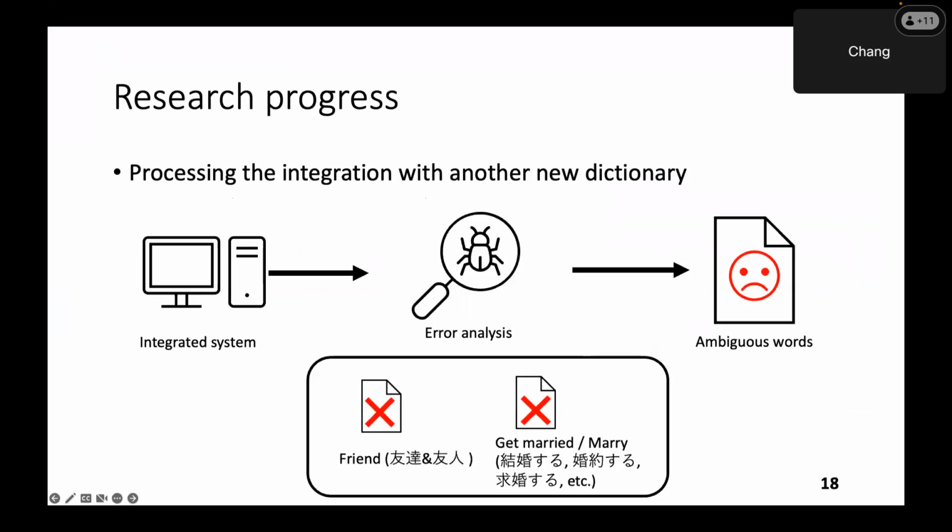In addition, we also conducted error analysis to find and remove some ambiguous words and their synonyms. As a result, we decided to remove 2 words and their synonyms because we didn't think they are appropriate as emotive expressions, also according to the result of the evaluation experiment. So the removed words are tomodachi in Japanese, which means friend in English, and 結婚する, 婚約する in Japanese, which means get married or marry in English.